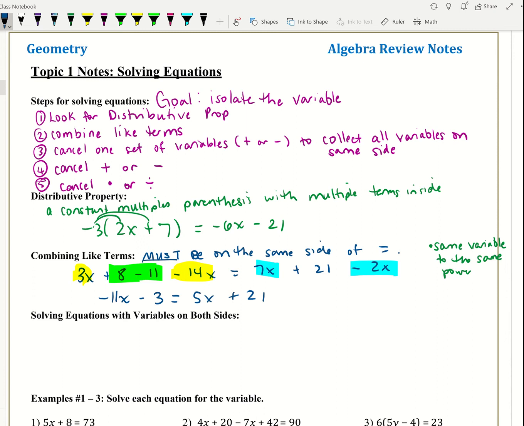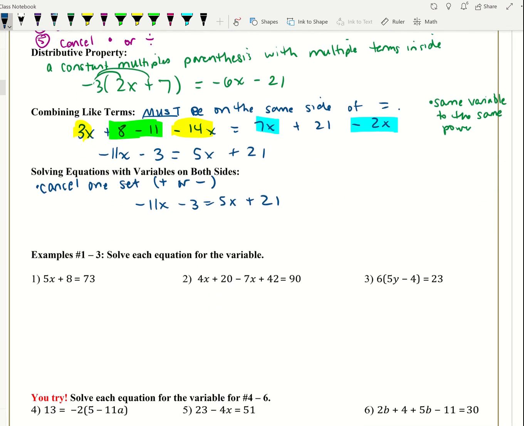So if you have equations that have variables on both sides, after you've gone through your steps, now we're probably looking at step 3, you want to cancel one set. You're going to do this through addition or subtraction. This will allow you to get all your terms on the same side. So if I start with the one I was last working with, after combining all of the like terms that were on the same side, I now have variables on both sides.